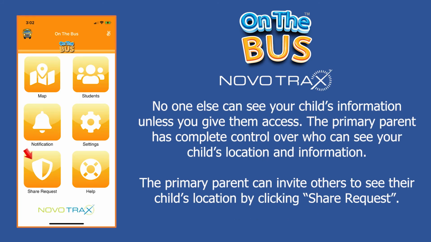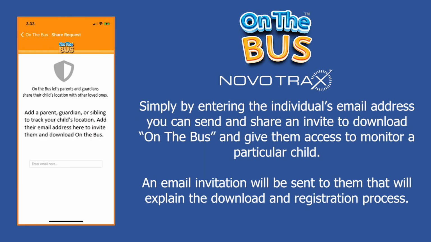No one else can see your child's information unless you give them access. The primary parent has complete control over who can see your child's location and information. The primary parent can invite others to see their child's location by clicking Share Request. Simply by entering the individual's email address, you can send and share an invite to download On the Bus and give them access to monitor a particular child.